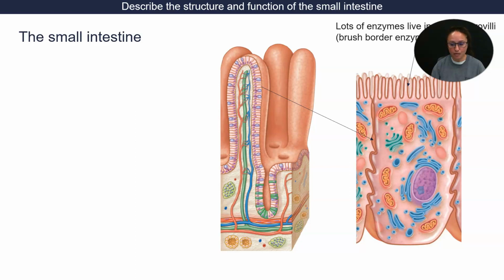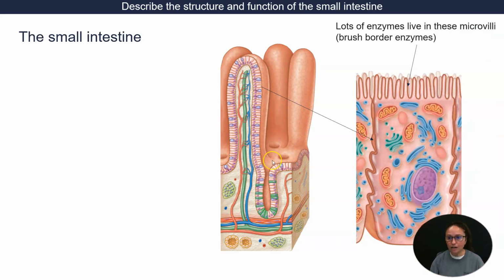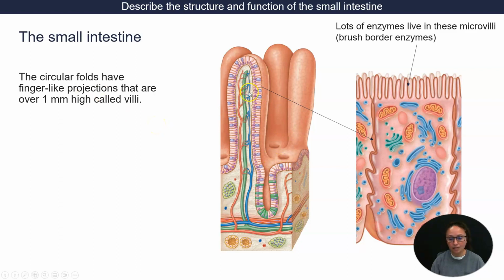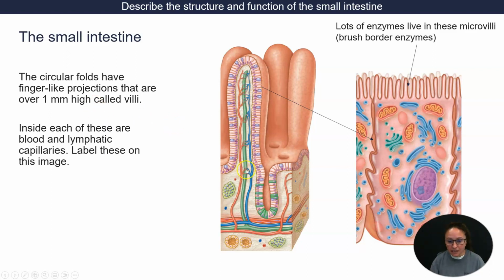I'm going to move myself out of the way. These little folds are called villi. So you've got the big fold and the little fold. Now, can you see here? You've got the epithelial cells. Cute. And then you've got the lymphatic system, blood in and blood out. So you can label those in that image.